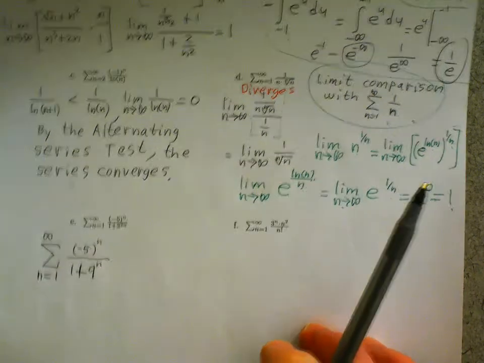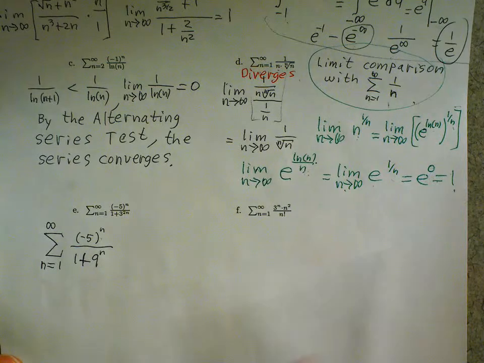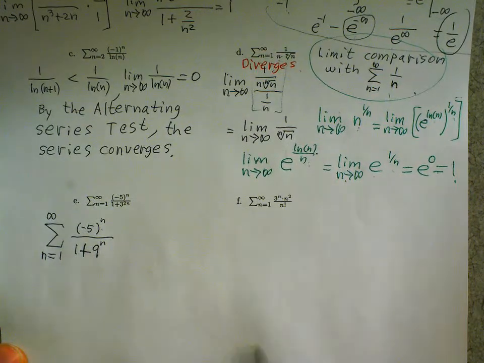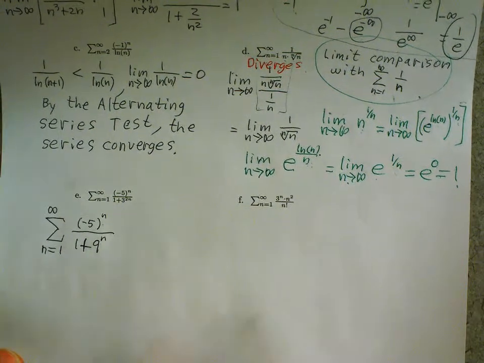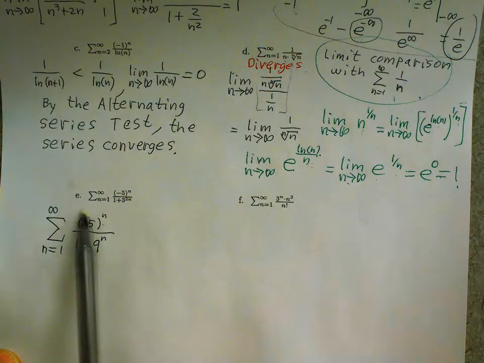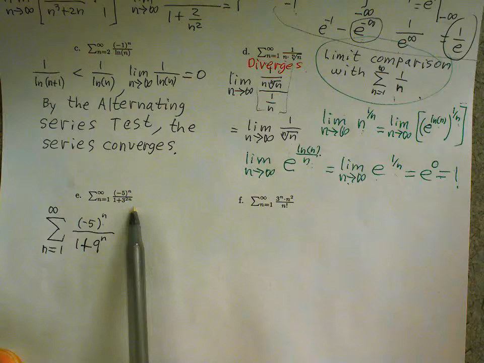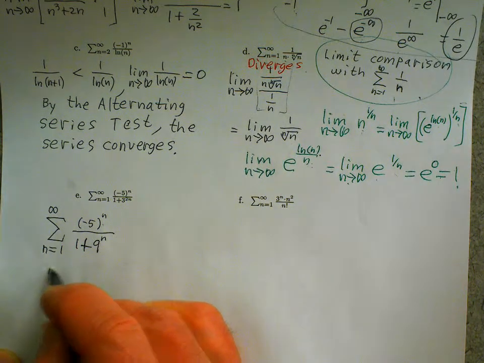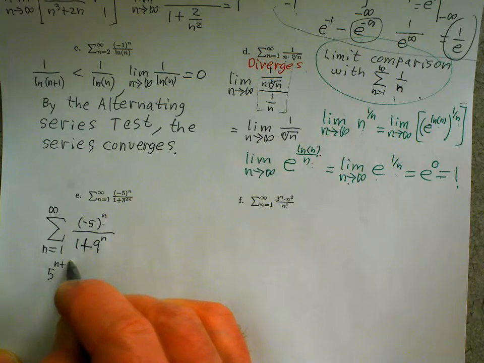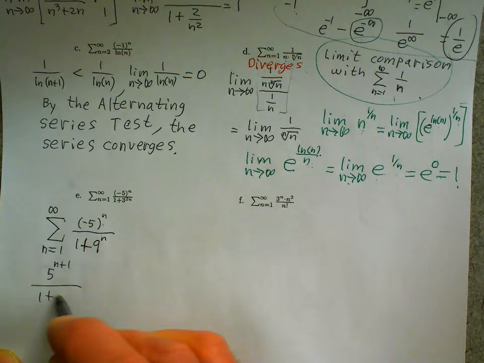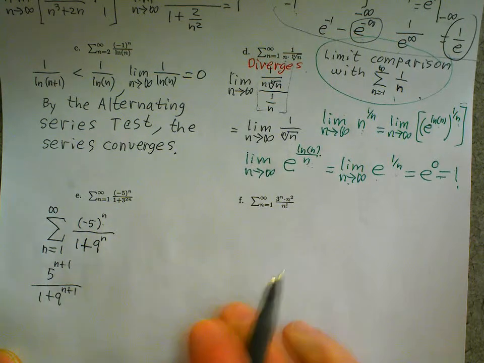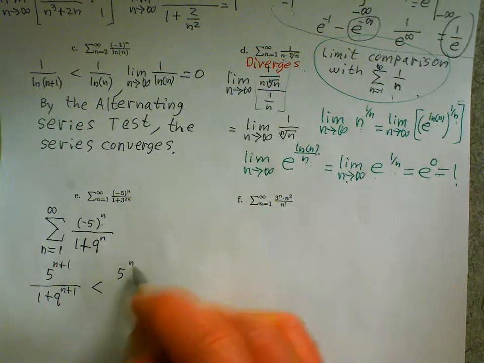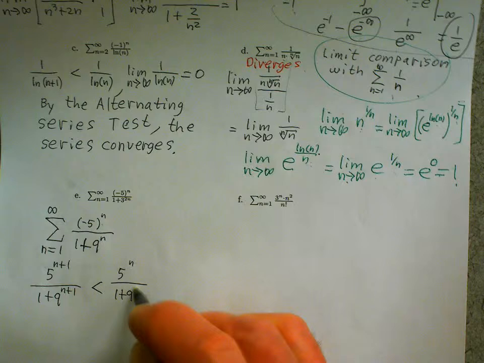So in order for the alternating series test to indicate that this series converges, 5 to the n plus 1 over 1 plus 9 to the n plus 1 has to be less than 5 to the n over 1 plus 9 to the n.